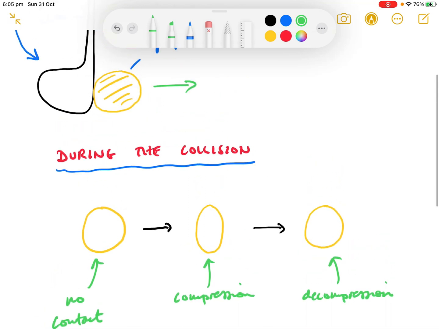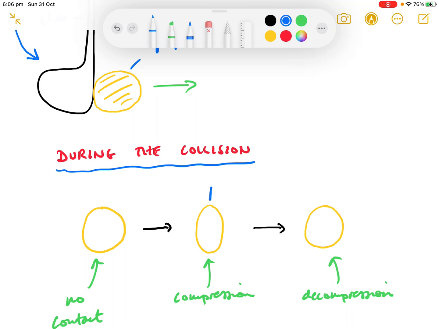So what you've got to imagine then is that just before the club makes contact, the ball is its normal shape. As the club presses in on the ball, it gets more and more compressed. And the force on the ball is going from 0 up to some maximum there.